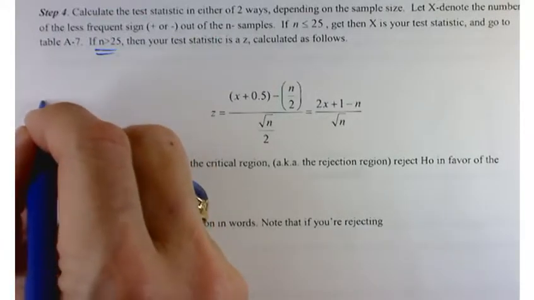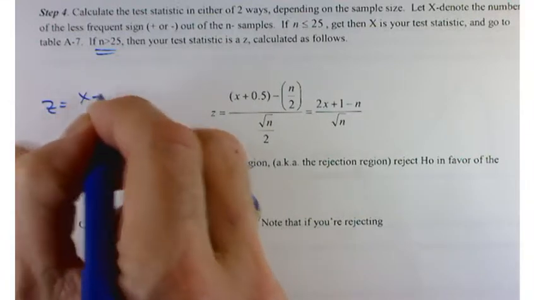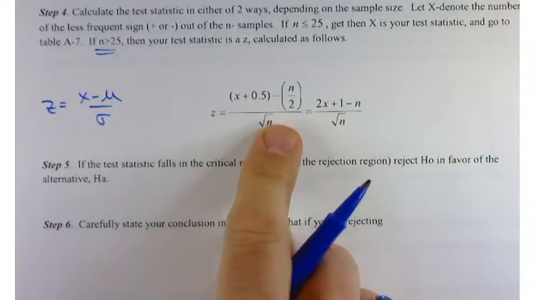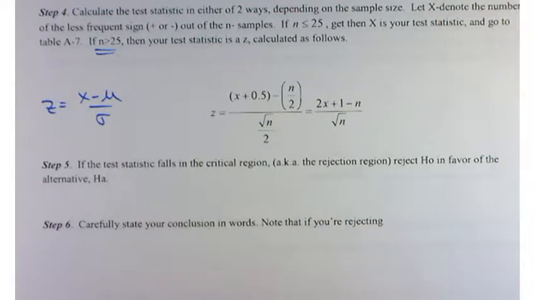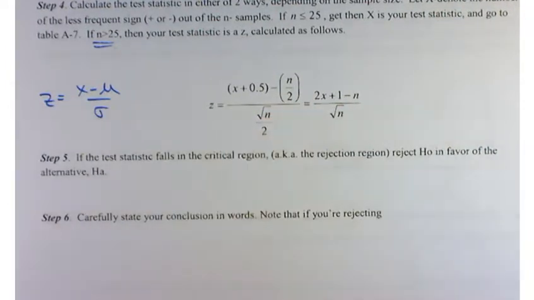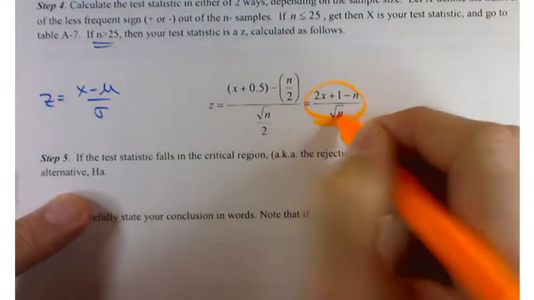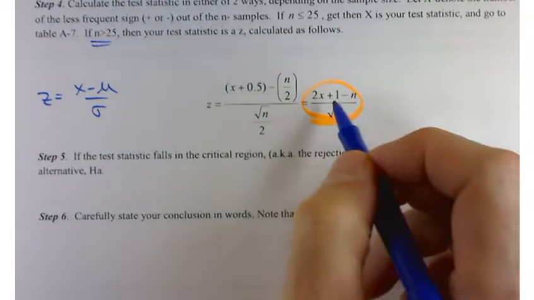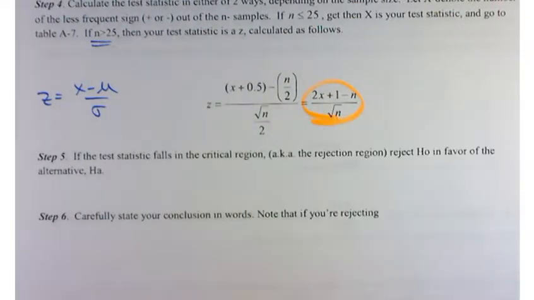You're doing z equals x minus the mean divided by the standard deviation. That's essentially what's happening here. Now the author writes it like this. I rewrite it a little bit easier like that. I think it's just a little bit more user-friendly to try and plug that in by hand. Of course, we're not going to have to worry about plugging that in by hand.